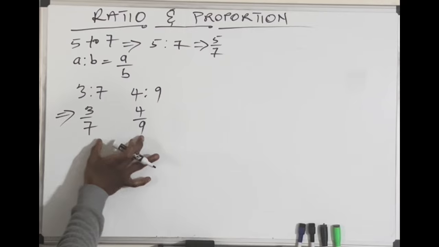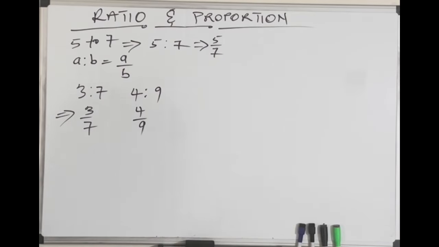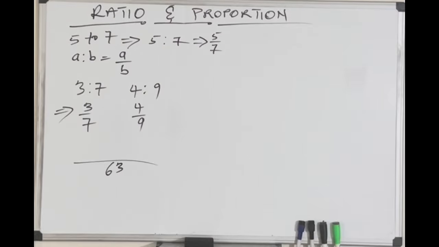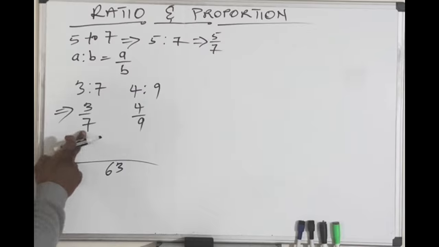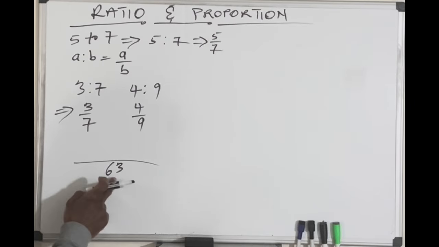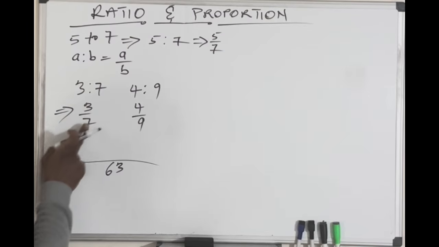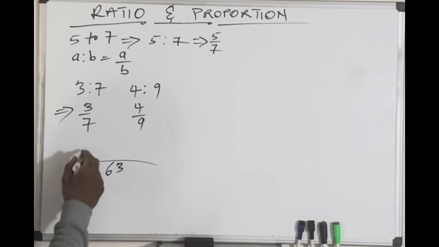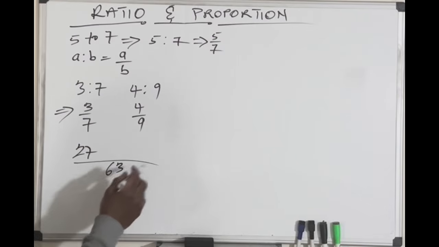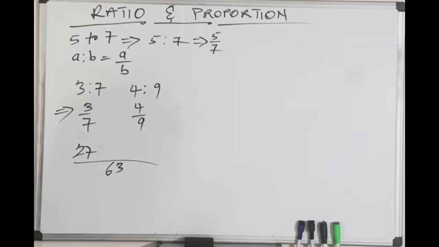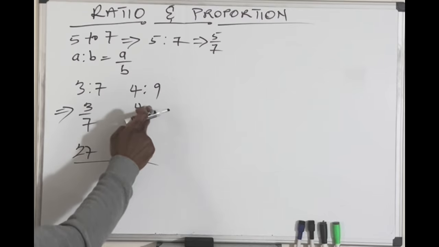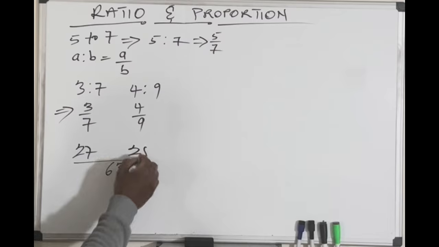So we need to find the same denominator by LCM. Okay. All right. So I think 63 will be the LCM, and then 7 goes into 63 nine times, 9 times 3 is 27, and then 9 goes into 63 seven times, and 7 times 4 is 28.